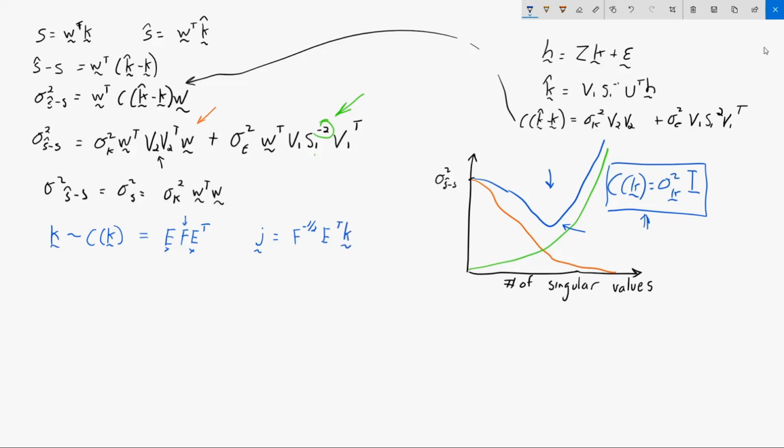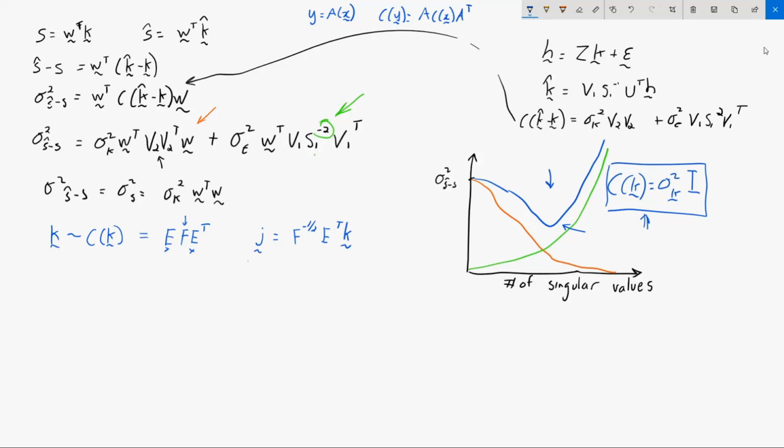Now, using our simple relationship that we've used so many times for propagation of variance, which I'll write up here again: if y equals Ax, then the covariance matrix of y equals A times the covariance matrix of x, A transpose.